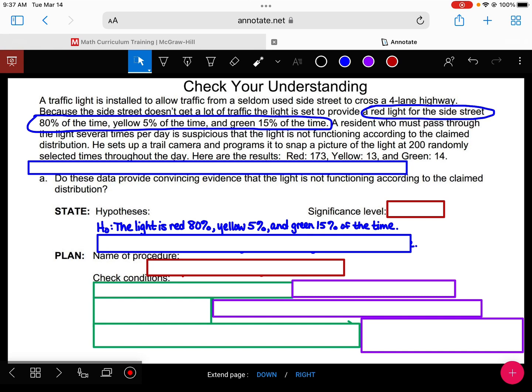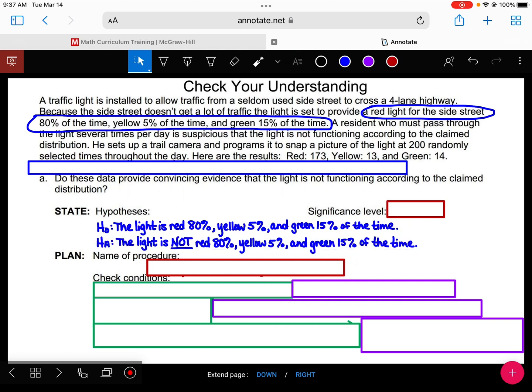If you just wrote that it is functioning according to the claimed distribution, that would be fine. And the alternative would be it is not. The light is not red 80% of the time, yellow 5% of the time, and green 15% of the time. Or the light is not functioning according to the claimed distribution. That would also be fine.